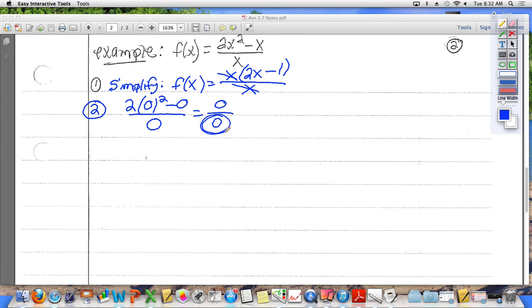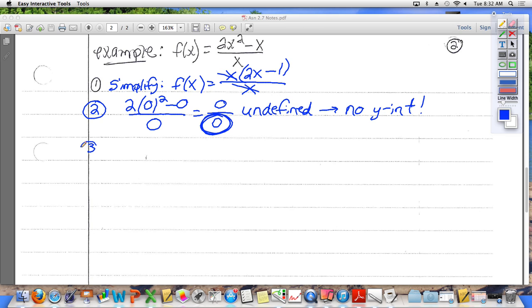You can't have 0 on the bottom of a fraction. So what does that mean? Undefined. Your function is going to be undefined when x is equal to 0, which in this case means that there is no y-intercept.